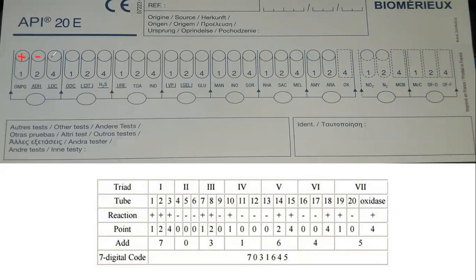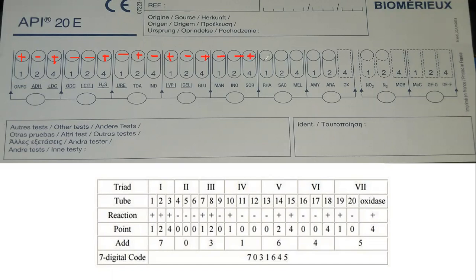If ADH is negative, or suppose we are giving values ourselves: plus, minus, minus, plus, minus, plus, just to show you how you will interpret your results. For example, this is plus minus plus, and minus minus plus.